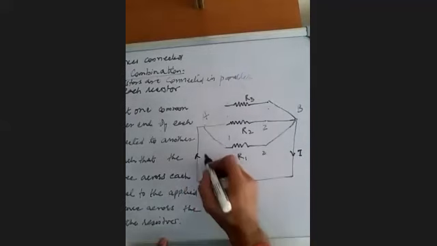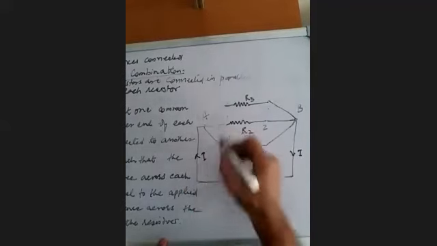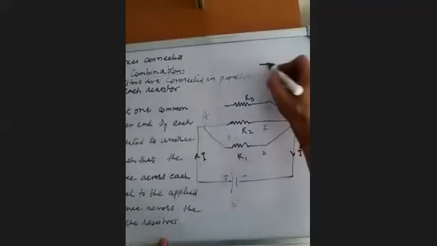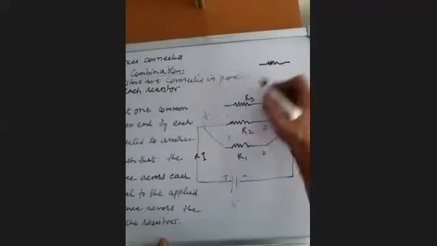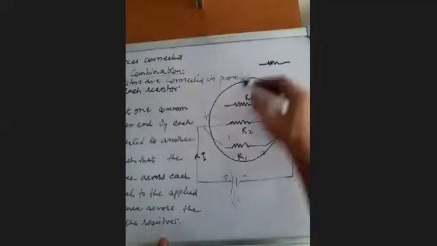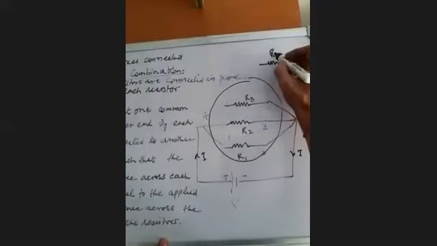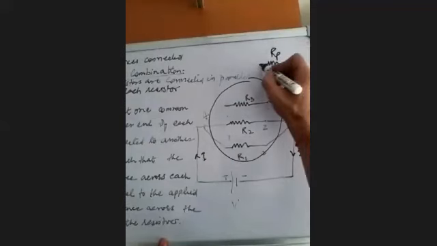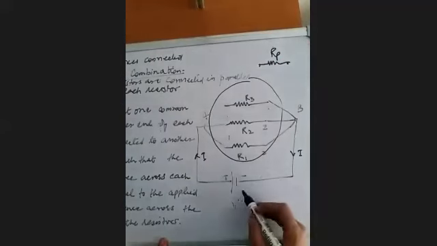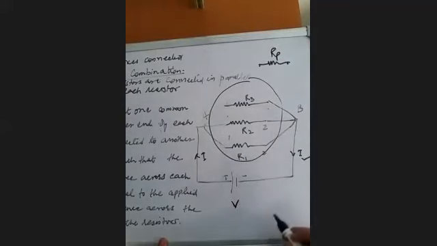So if the current flowing in the circuit is I, and if I replace all three resistors across A and B with a single resistor, say R_P, then with the potential difference applied being V, the current will also be equal to I.